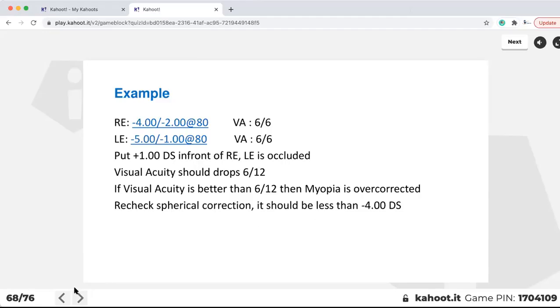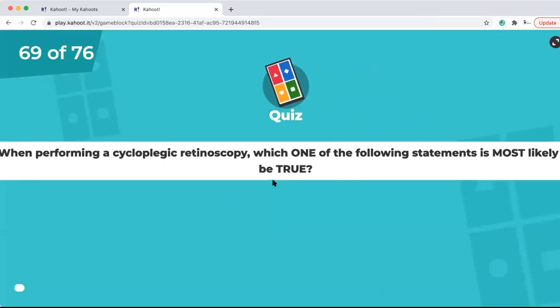Okay, so again, we continue our journey with the tricky questions with the next one.